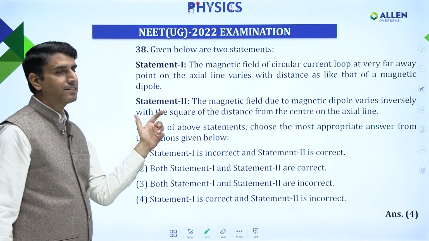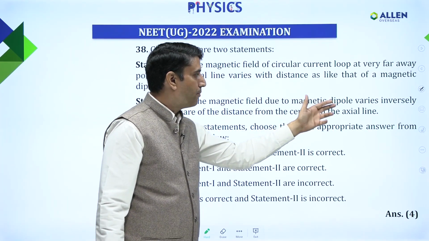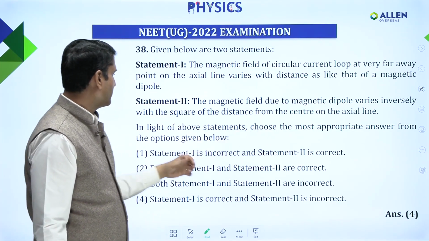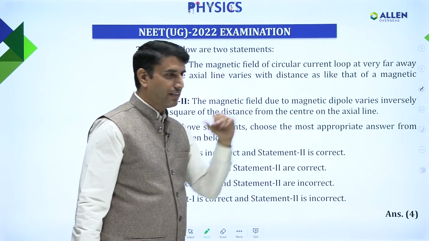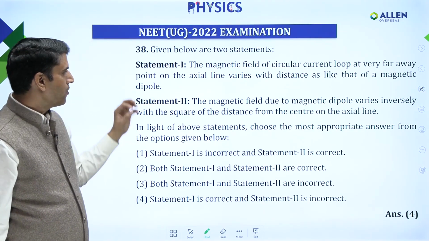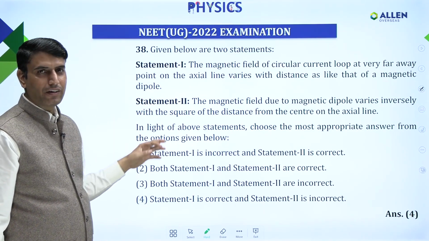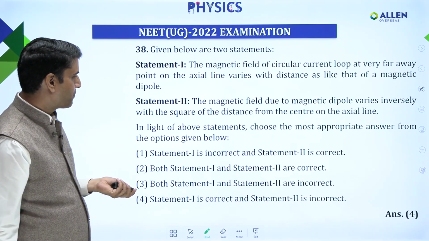Second statement: Magnetic field due to a magnetic dipole varies inversely with the square of the distance from the center on the axial line. These are the two statements. Now, we will check which one is correct and which one is incorrect. First one we will check.